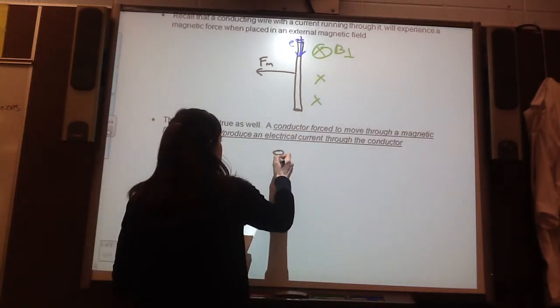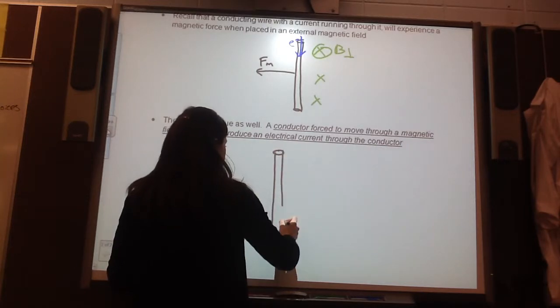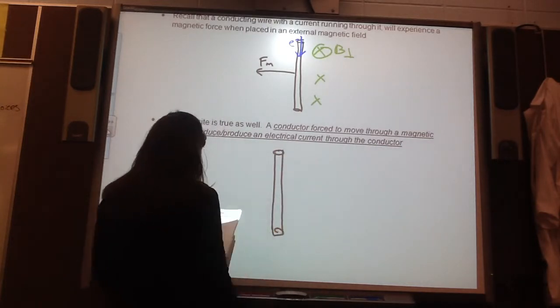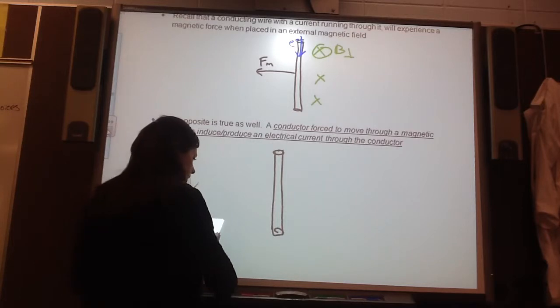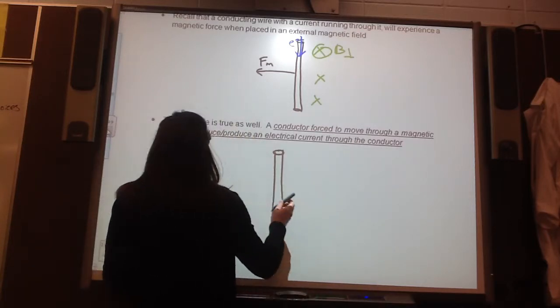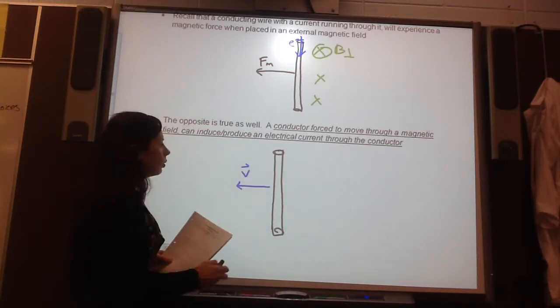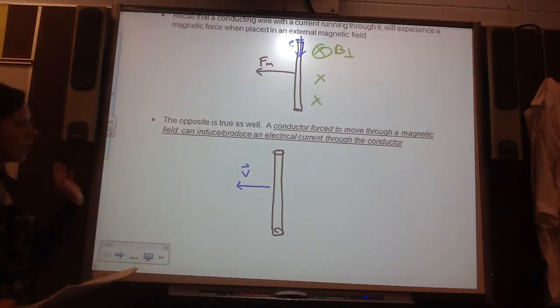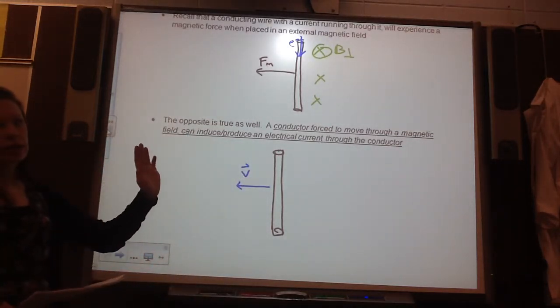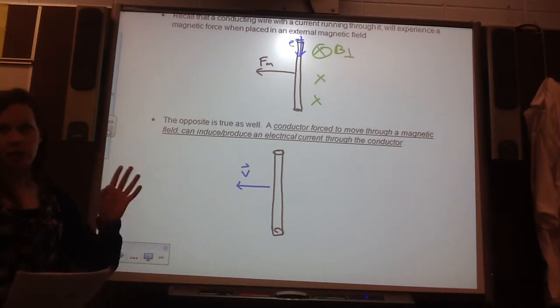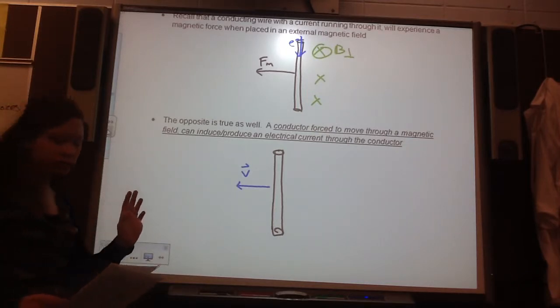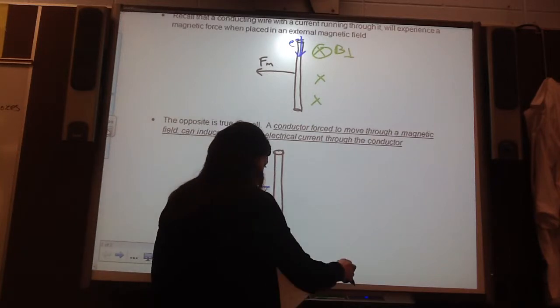So say we have, here's our wire this time, and say it's moving through, okay, it's moving that way. So that's its original motion. That's not its F_M right now, that's just its original motion.